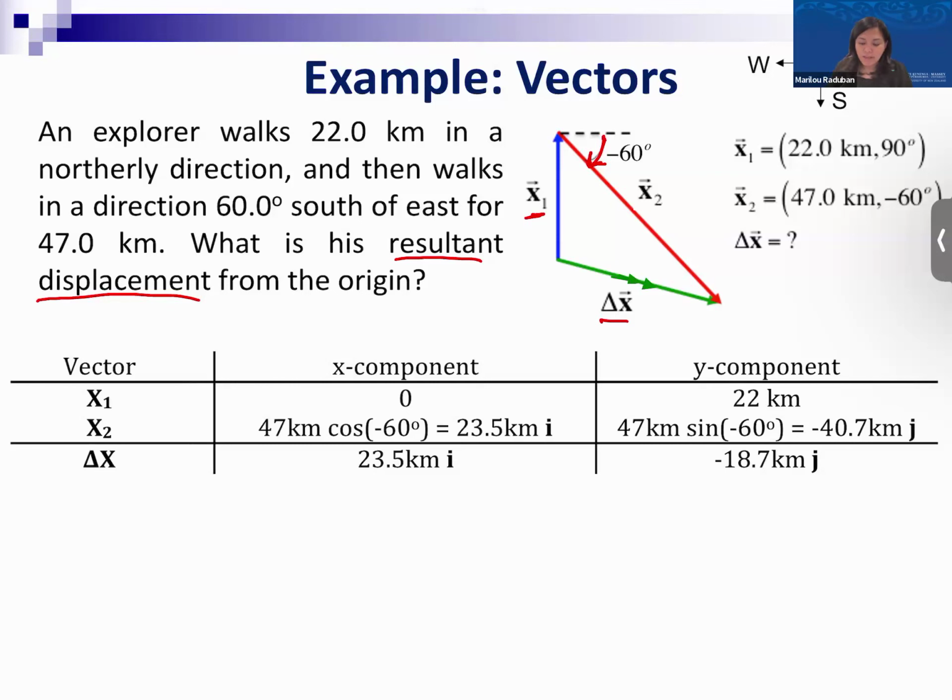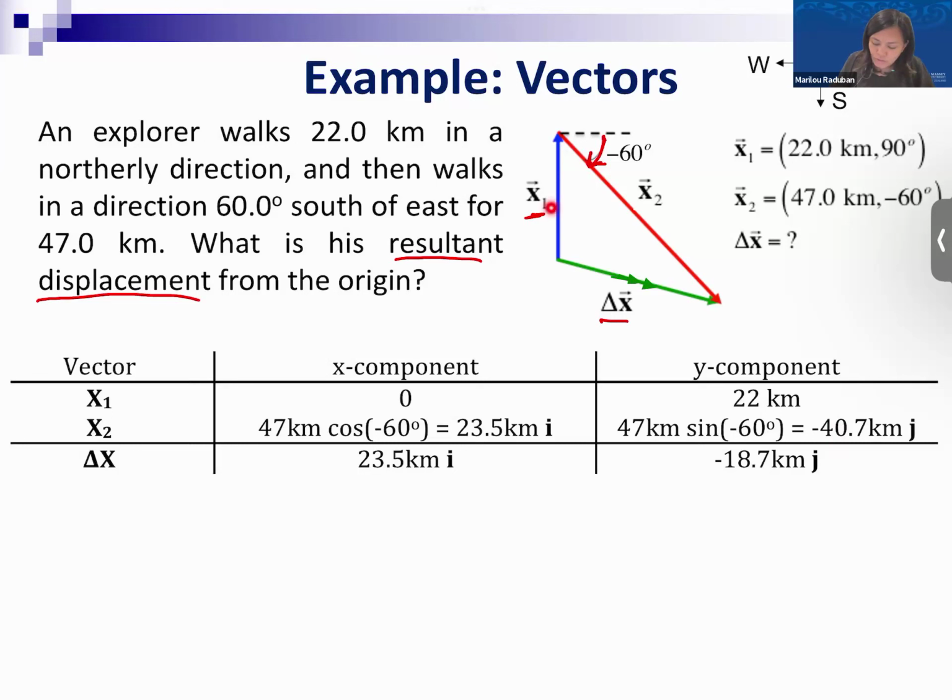As I've said, if you have vectors that you want to add, the first step is to identify the x and y components. It might be useful to make a table so you can write down the x and y components for each of the vectors. Then you can easily see which vectors to add to get the resultant vector later on.